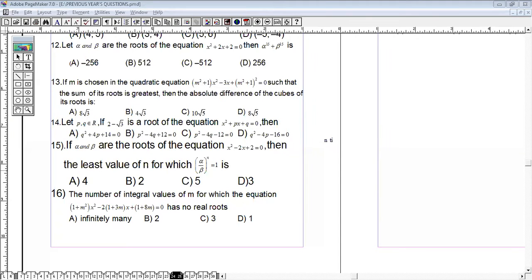Next, look at the next problem. 16th problem. The number of integral values of m for which the equation has no real root. So it's also a simple question.